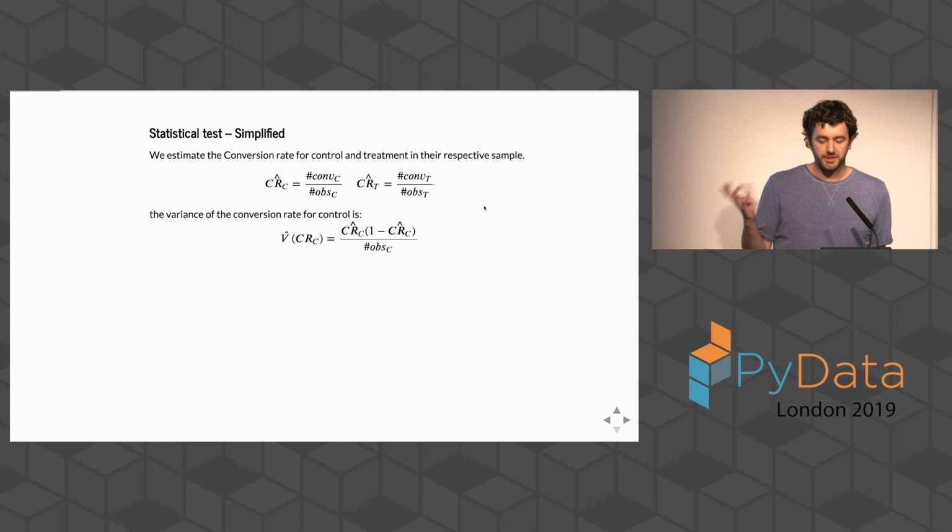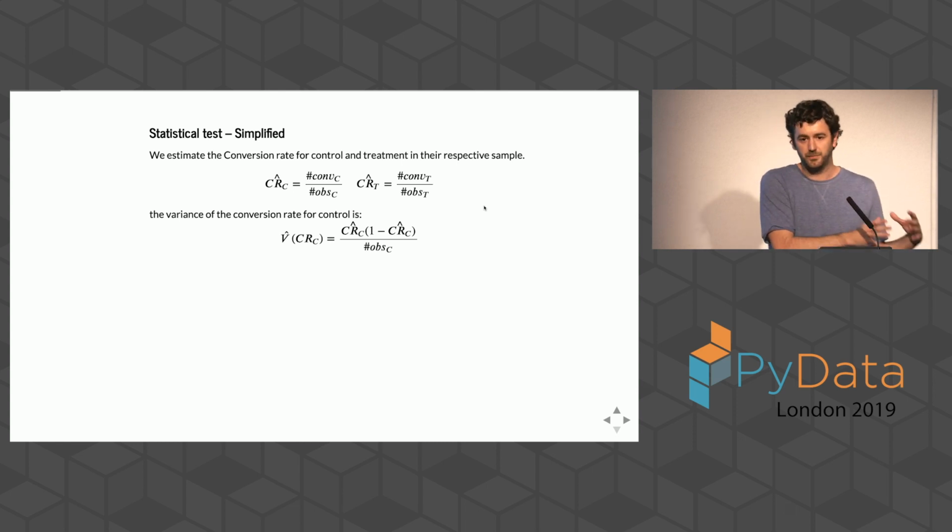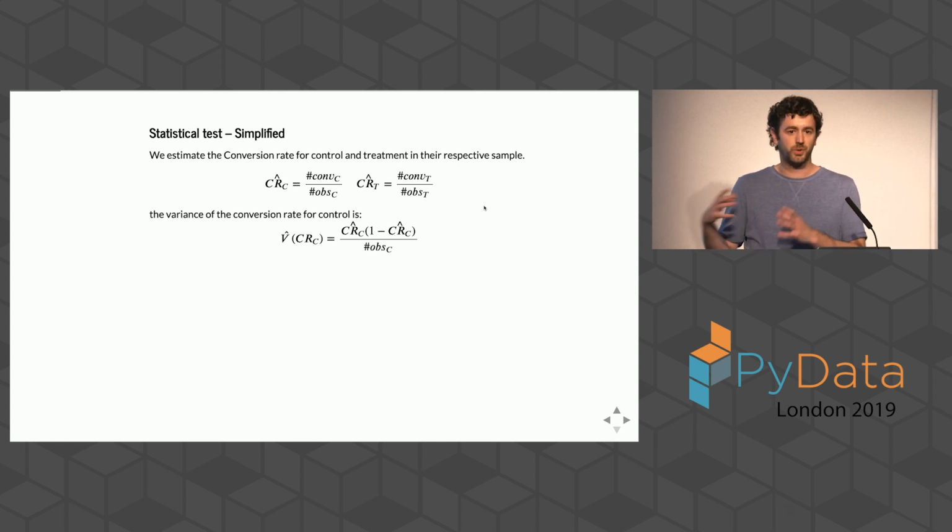Okay, so this is the basis for a t-test. As I said, it's the simplest test that you can do. Essentially, you need 4 numbers. You have the conversion rate for treatment and for control. Again, control is seeing exactly the site with no changes, and treatment is where you apply the change. And to define this conversion rate, you need the number of observations and the number of conversions.